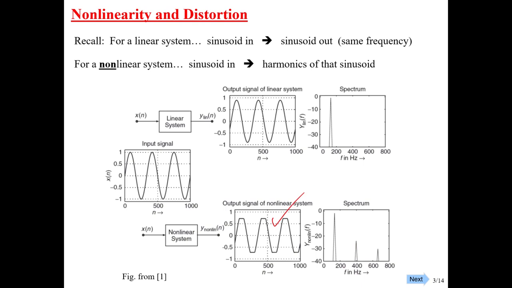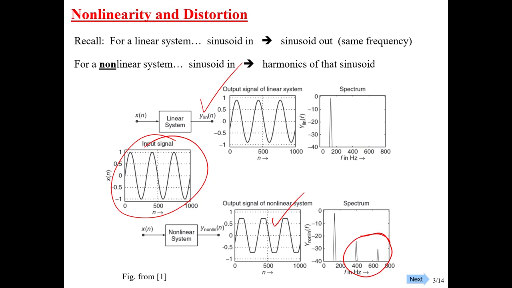But here's the thing. A nonlinear system creates other sinusoidal components when a single sinusoid goes in. So clearly not a linear system. So that's what we're talking about as a nonlinear processing of the signal.